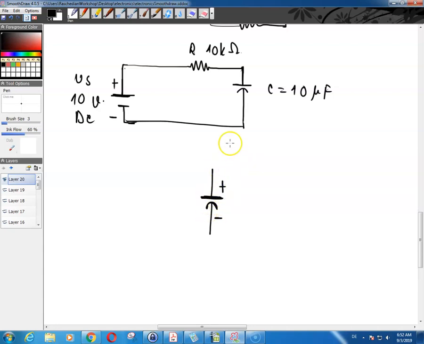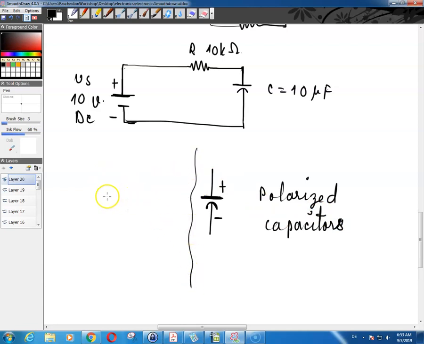So this would be positive and this would be negative, and as you can see, positive is connected to the positive and negative is connected to the negative. So these kinds of capacitors are called polarized capacitors.